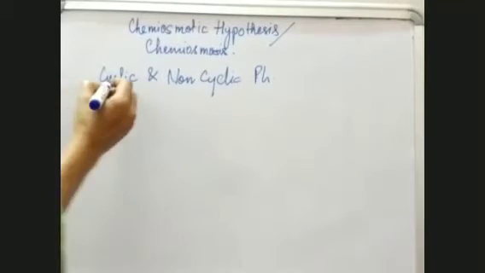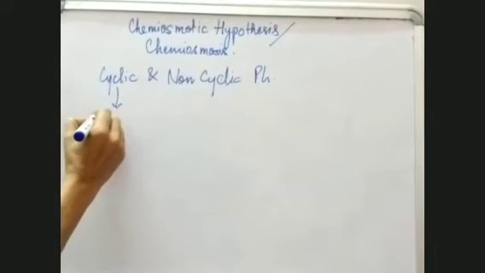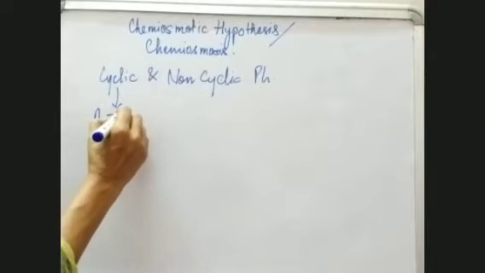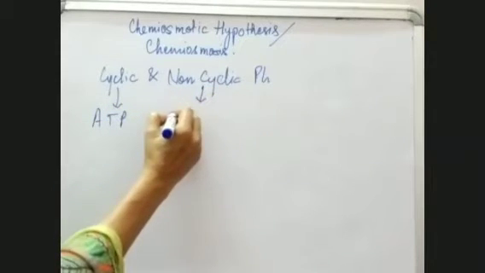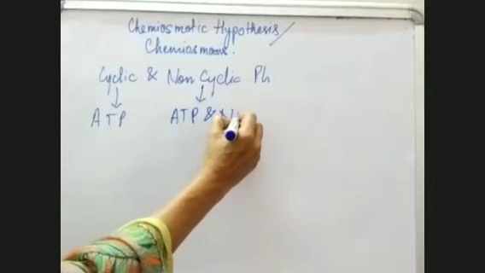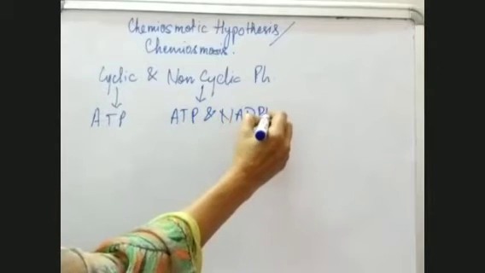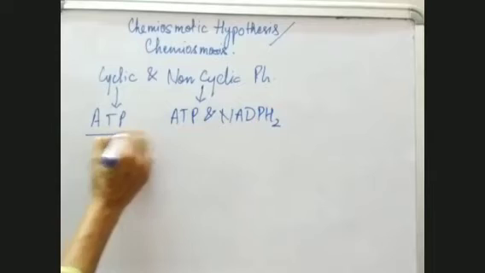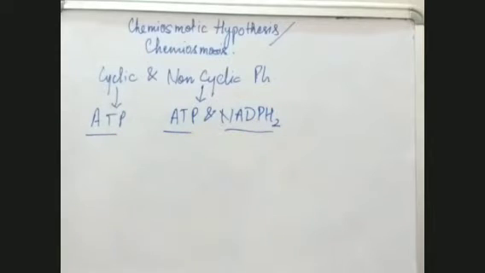In this, we learned that in cyclic, only ATP is synthesized, whereas in non-cyclic, ATP and NADPH2 both are synthesized. Here only one, here these two high energy compounds are synthesized.